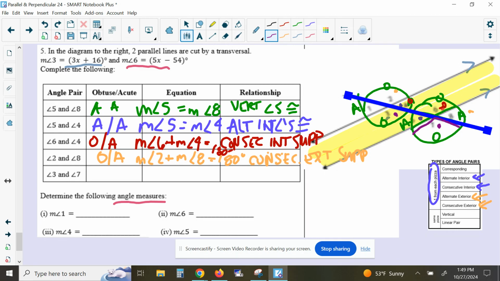So this is the bottom, this same exact piece. So that's going to make them corresponding angles. Okay, so this is an O and an O. O's are all congruent to each other. So the measure of angle 3 is equal to the measure of angle 7, and corresponding angles are congruent.